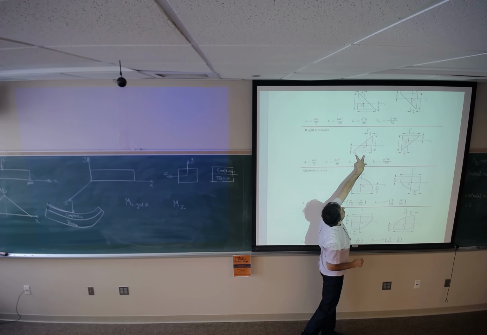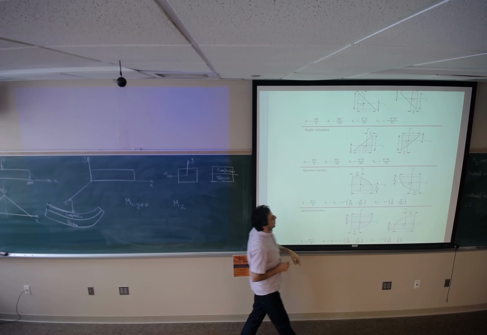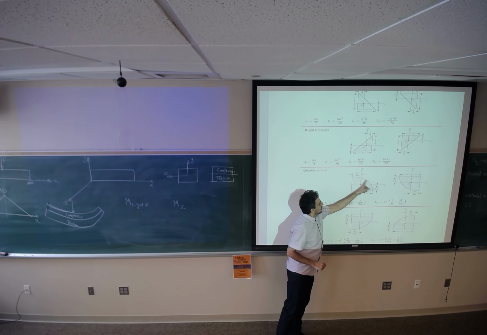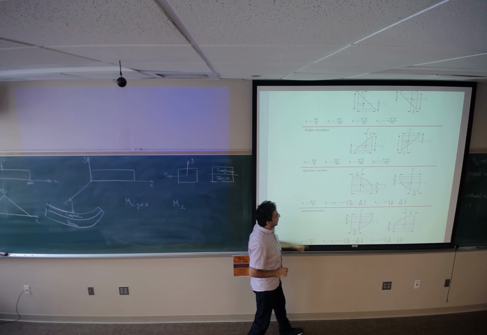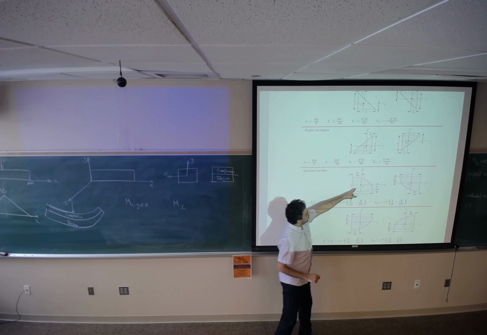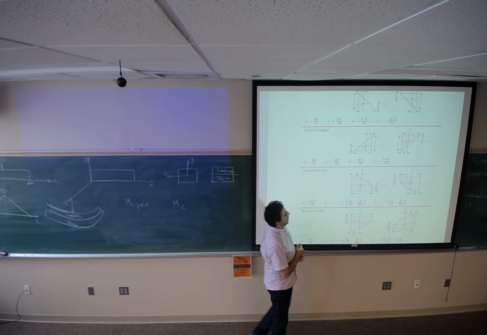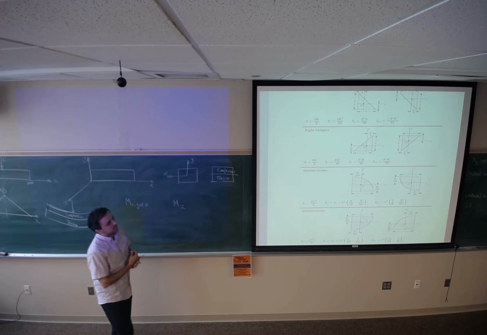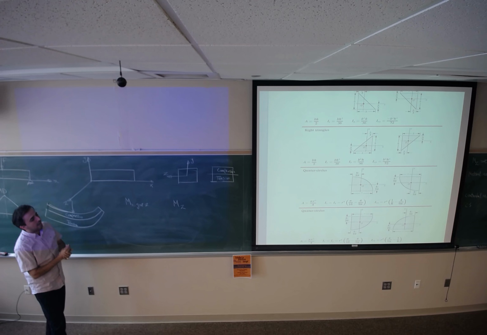This is b, this is h, the height. For this quarter part of the circle, we can find G, which is the centroidal axis of this cross section, in table A18.